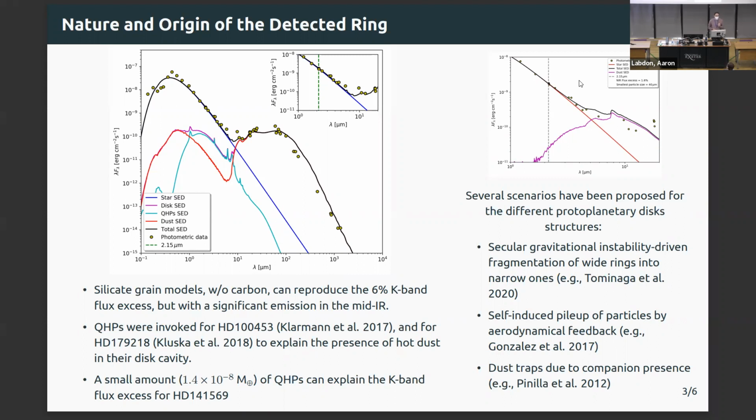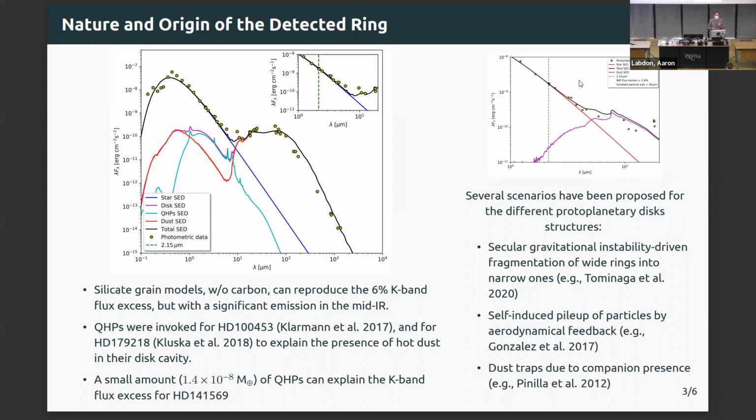We played with the parameters of our model, mainly the dust mass, the dust particle size, and the presence or absence of carbon particles. We found that these silicate models can reproduce the 6% flux excess in the K-band, but they also have a significant amount of flux emission in the mid-infrared that is not consistent with the spectral energy distribution of the system.